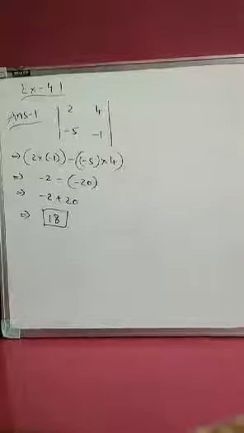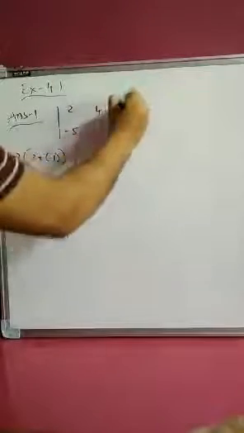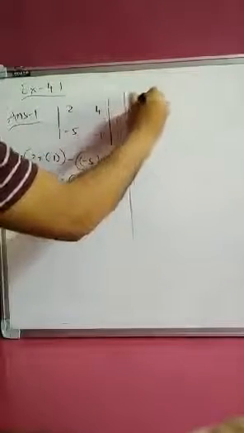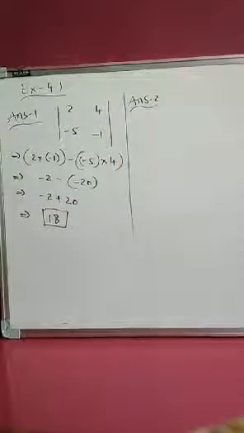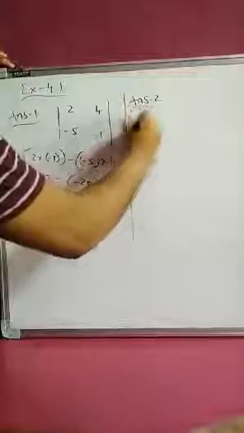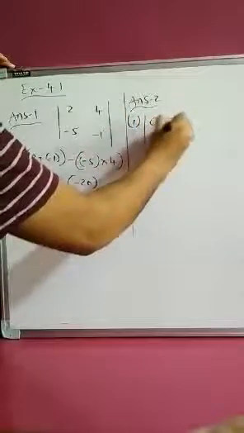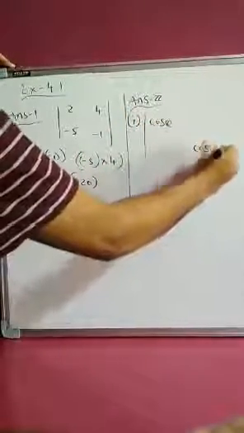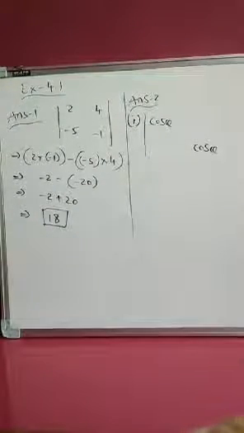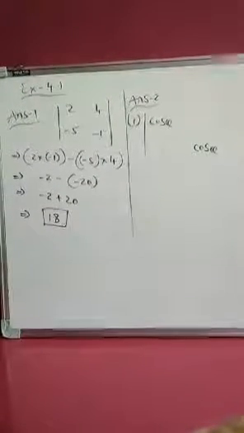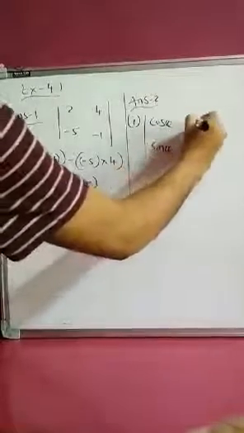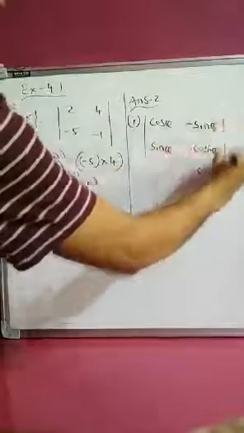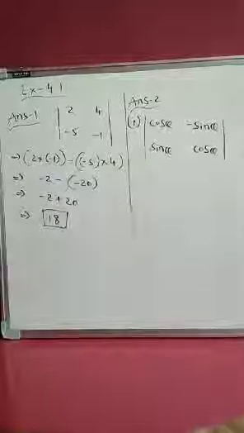Second, answer 2. We have the same question: find the value of the determinant with cos theta, sin theta, minus sin theta, cos theta.